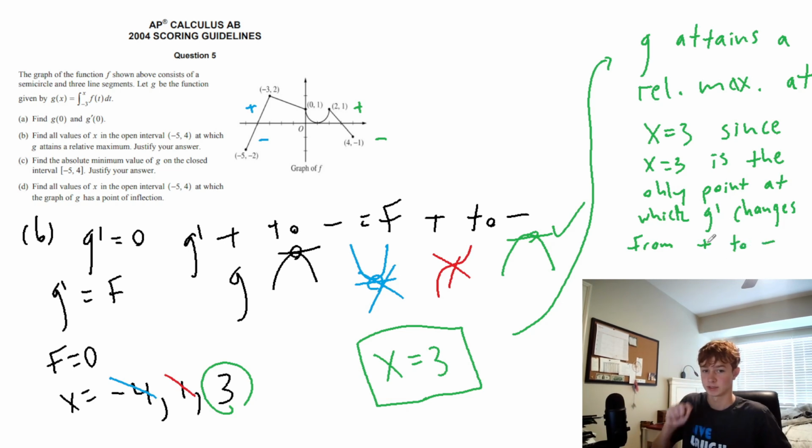So if g prime is changing from positive to negative, then g is changing from increasing to decreasing, meaning there's a max at the top.